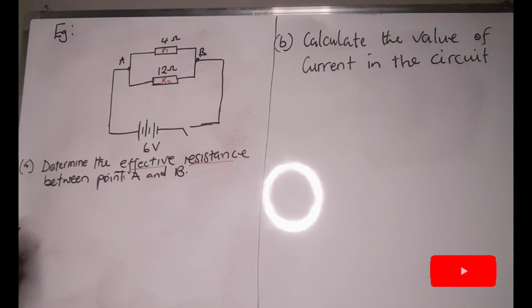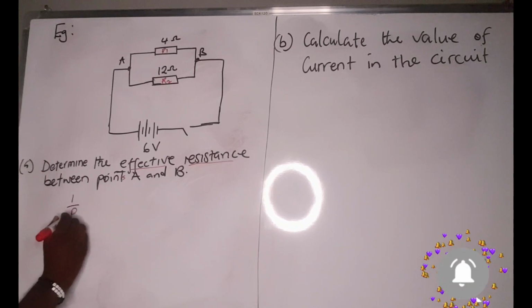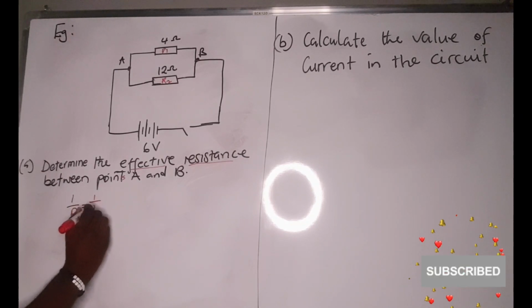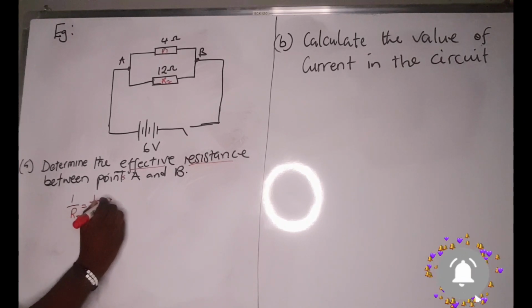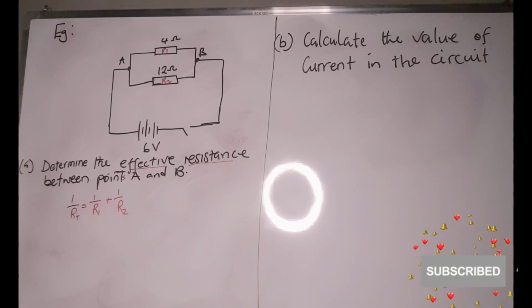So how do we get the total resistance? We say the reciprocal of the total resistance is equal to 1 over resistor 1 plus 1 over resistor 2.